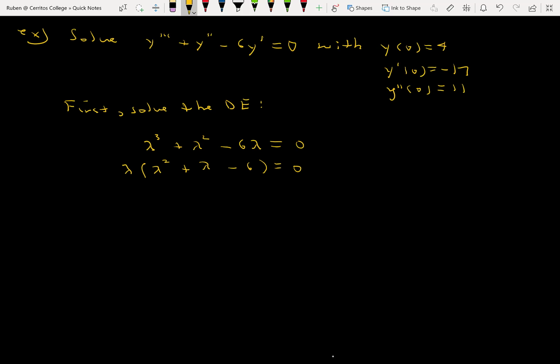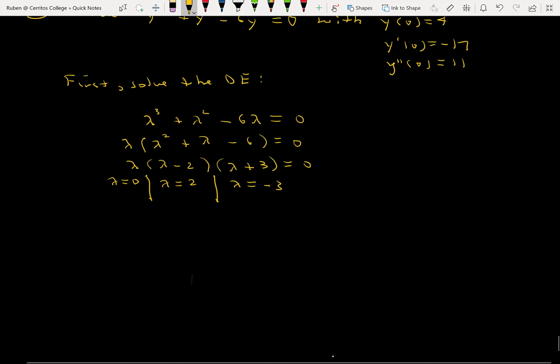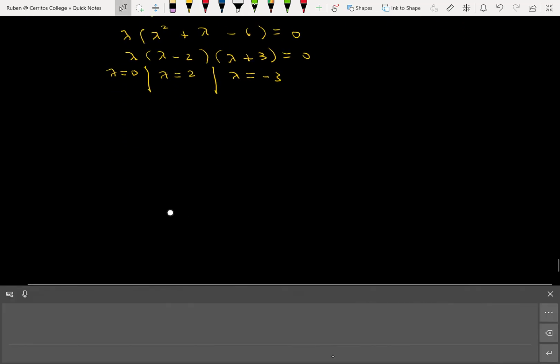Let's continue to factor this. So lambda times lambda minus 2 times lambda plus 3, I believe. Yeah, it looks like it works out. So we have the three solutions: lambda equals 0, lambda equals 2, and lambda equals negative 3. So immediately we go to the solution.